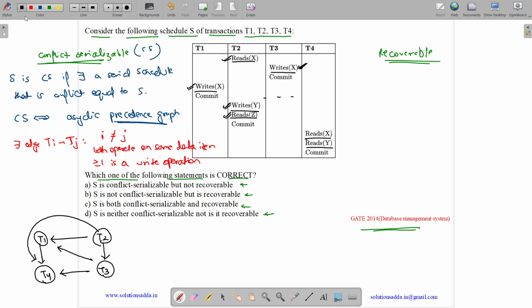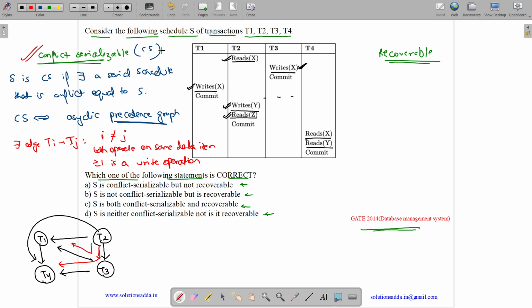This one is not a cycle because this edge goes like this. Now this one is also not a cycle. You can easily see that there is no cycle being formed over here. So it is conflict serializable because it has an acyclic precedence graph.